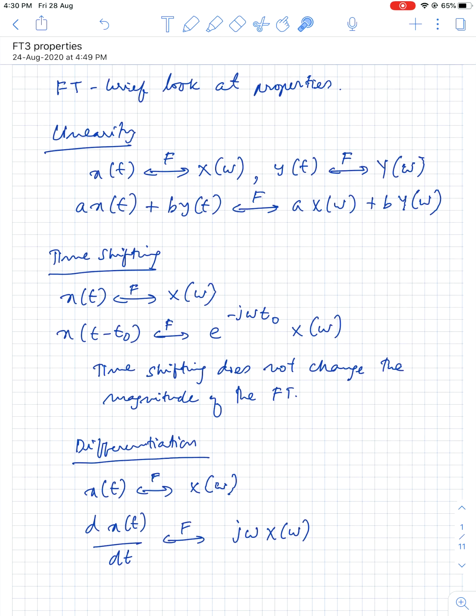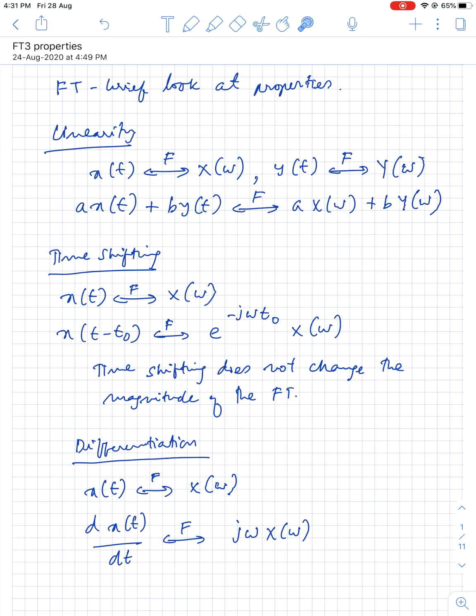One property which we have seen earlier is that of linearity, which you have seen also in the case of Fourier series. If x of t transforms to X of omega, y of t transforms to Y of omega, a linear combination a x of t plus b y of t transforms to a X of omega plus b Y of omega. This also gives you the notation.